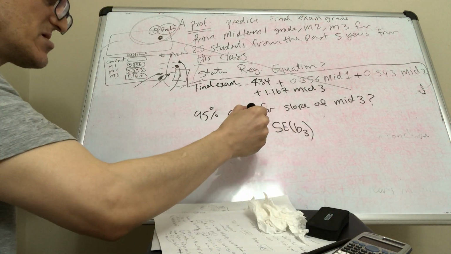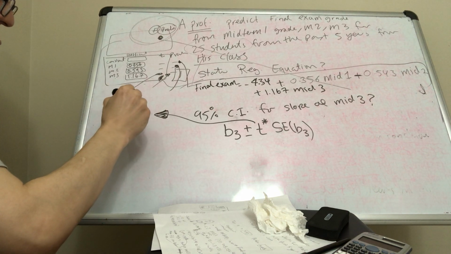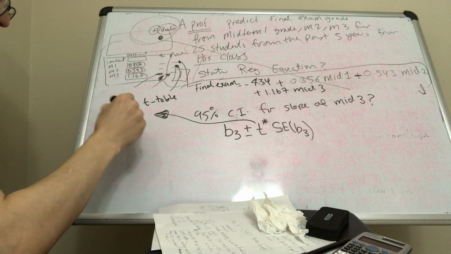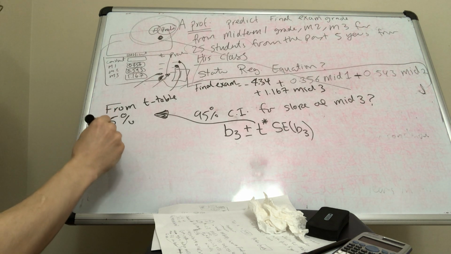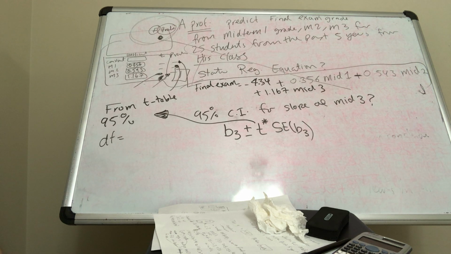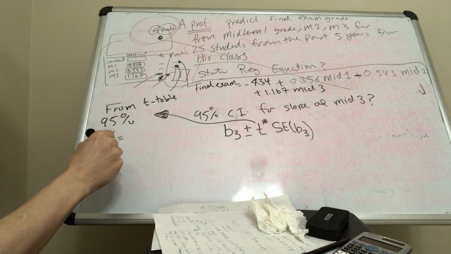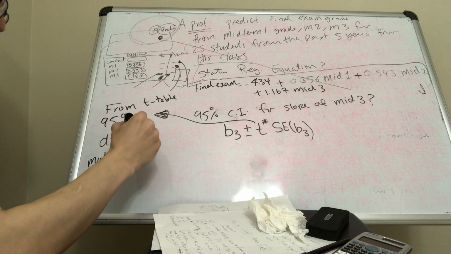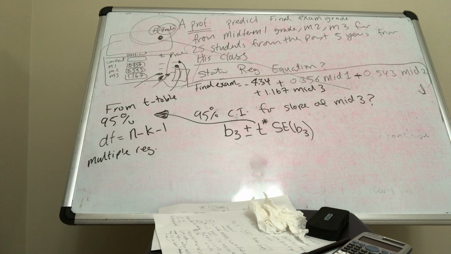Let's talk about T star first. You know that we have to get it from the T table. It's a 95% confidence interval, no problem. But we need degrees of freedom. Degrees of freedom for multiple regression would be n minus k minus 1. What is k?